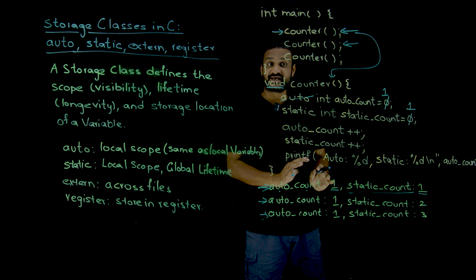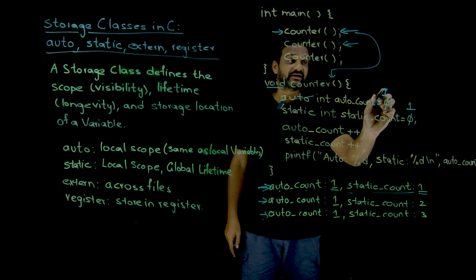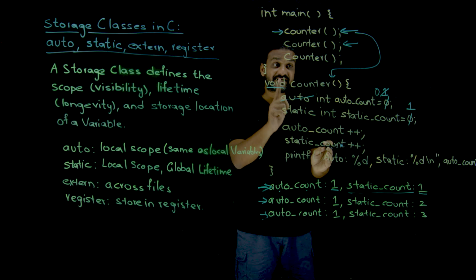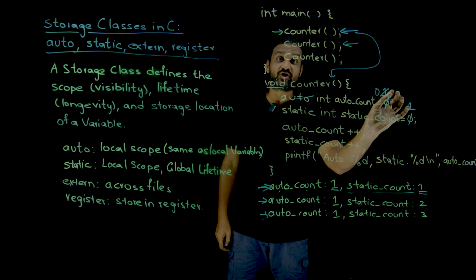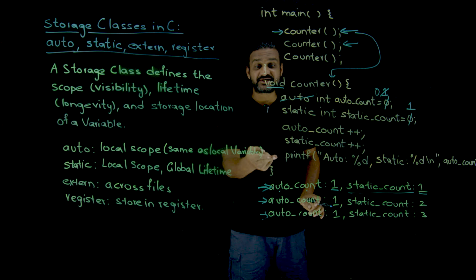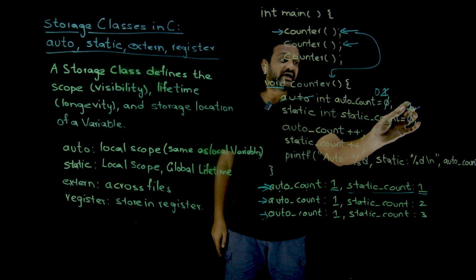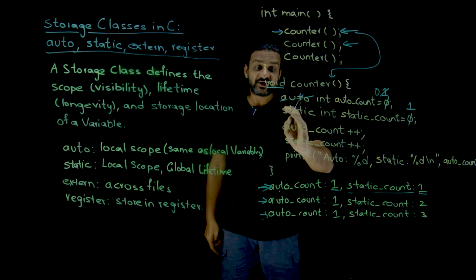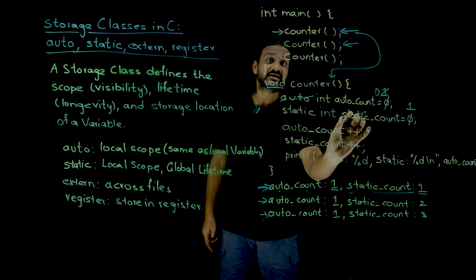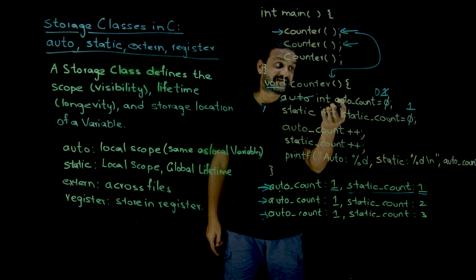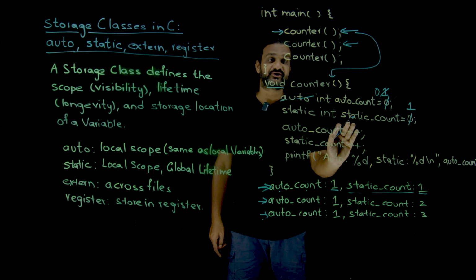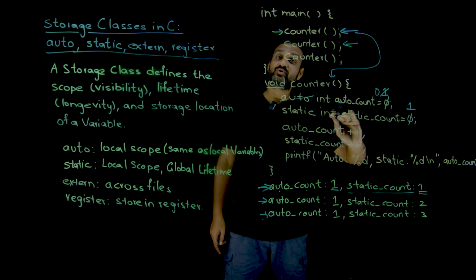The value of this variable will be reassigned, so it is no more existing, but the static has a global lifetime, meaning until the complete program execution, this value will not get changed. Even if you come out of this function call, access is within this local function, but the existence of that value is going to be there until the complete execution of this program. This point you need to understand. So now this value remains the same.